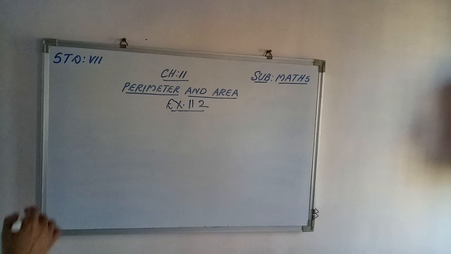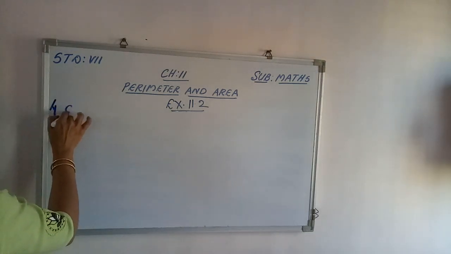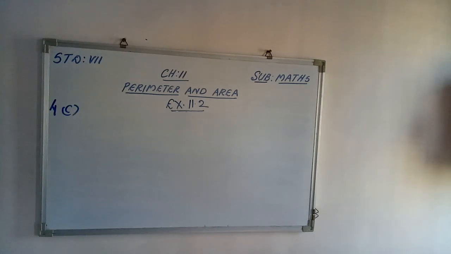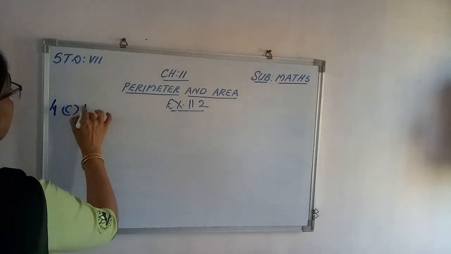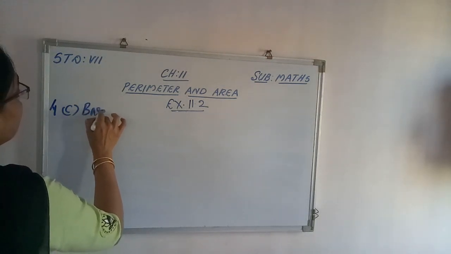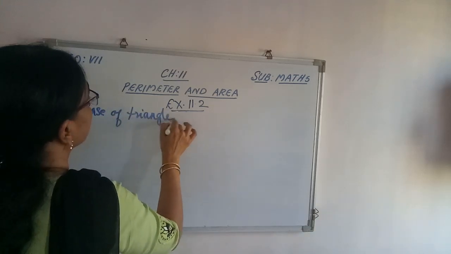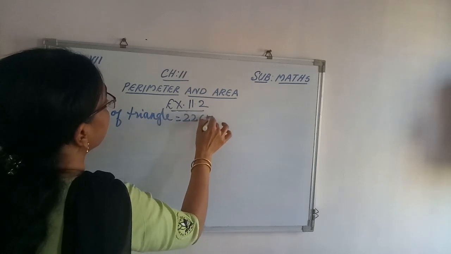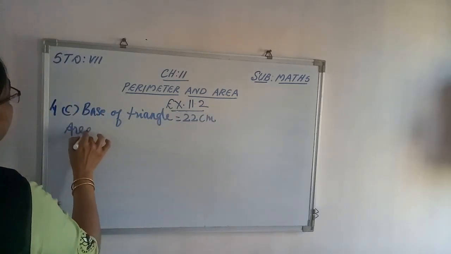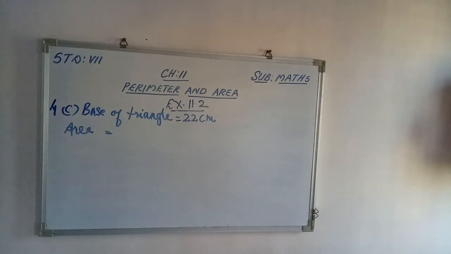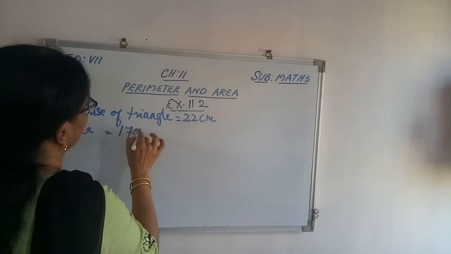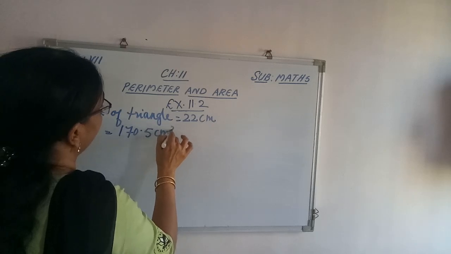Now question C. Fourth one, C. The base is given as 22 centimeter, and the area of the triangle is given as 170.5 centimeter square.